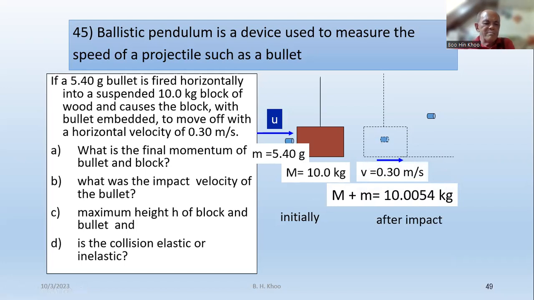What is the final momentum of the bullet? So it's embedded, and it has kinetic energy. So it will move up to a maximum height where all the kinetic energy changes to potential energy. So we can measure this height.